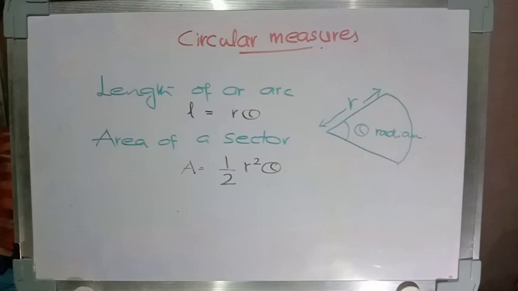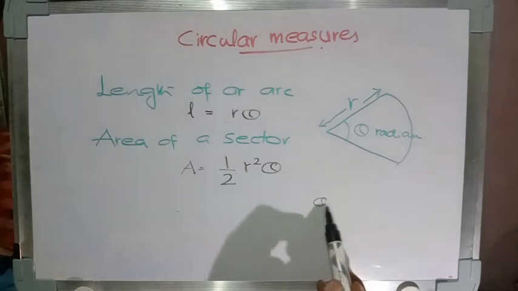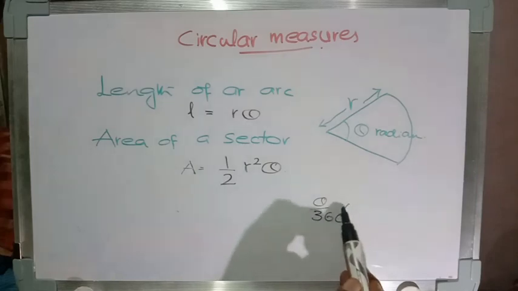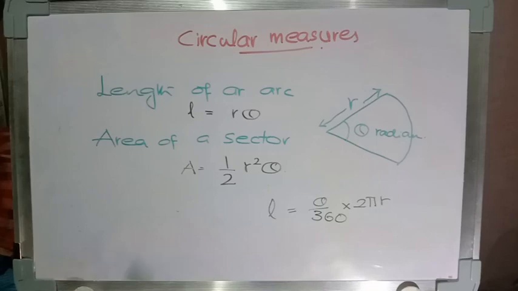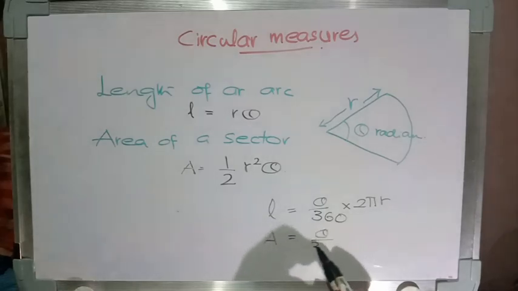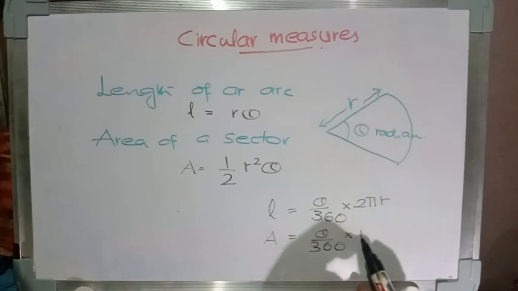At the same time, remember the concept of length of an arc and area of a sector using degrees: theta by 360 times 2 pi r as the length of an arc, and area of a sector is theta by 360 times pi r squared.